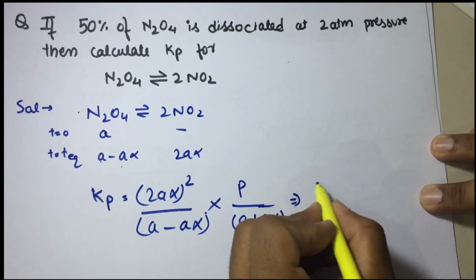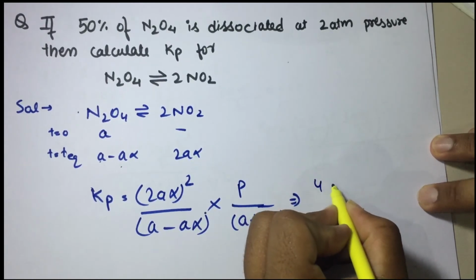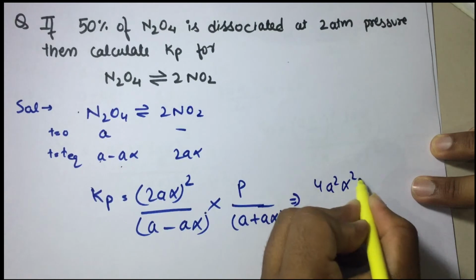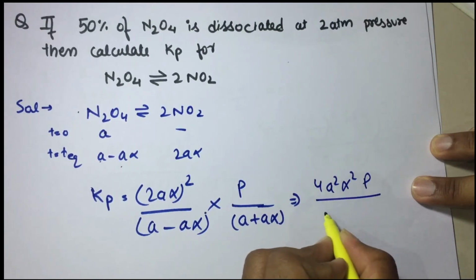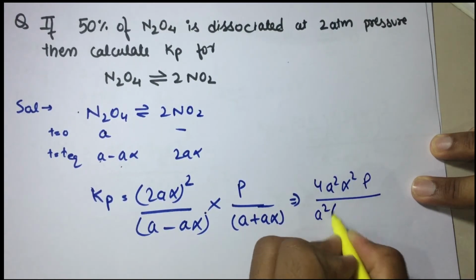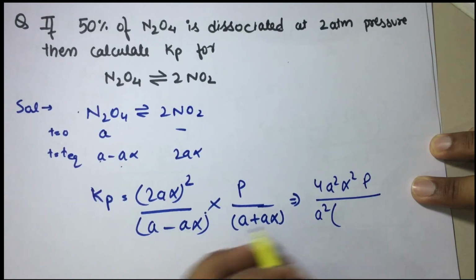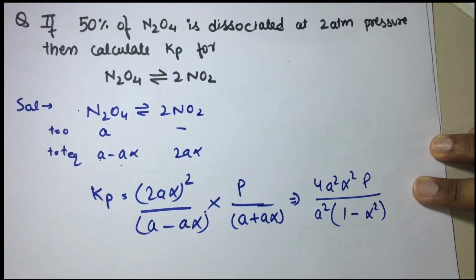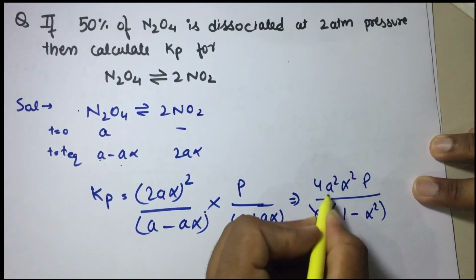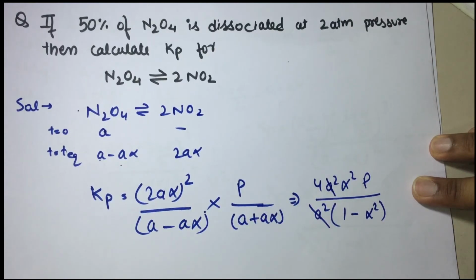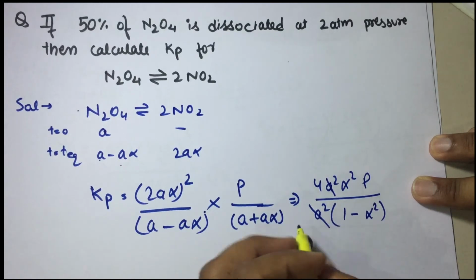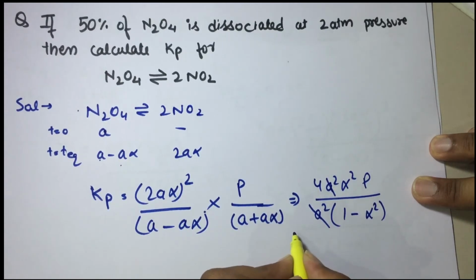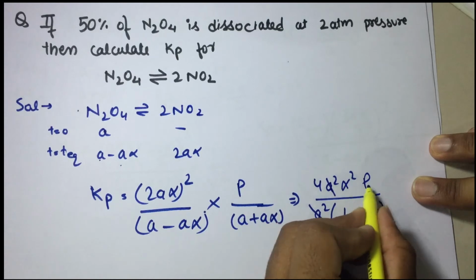Okay, so here we have 4 A square alpha square P divided by A square taken common, and it will become 1 minus alpha square. Okay, so A square is cancelled out, that means we are writing Kp correctly. Okay, so now we will put the value of alpha and P.